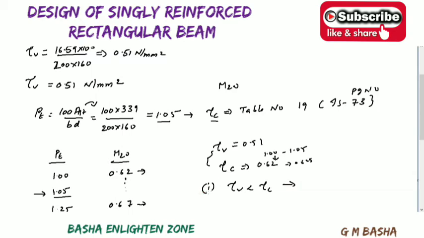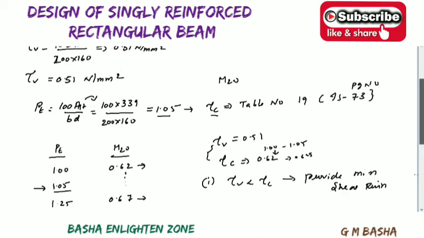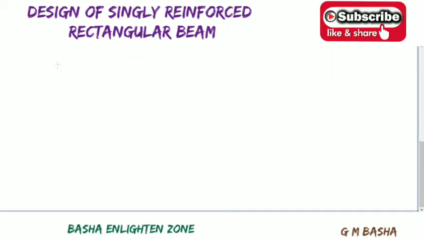According to this condition, if your tau v is less than tau c, then you have to provide minimum shear reinforcement. And again, I will explain the conditions here itself. The first condition is, if tau v is less than tau c, provide minimum shear reinforcement. I will explain that topic in our problem.